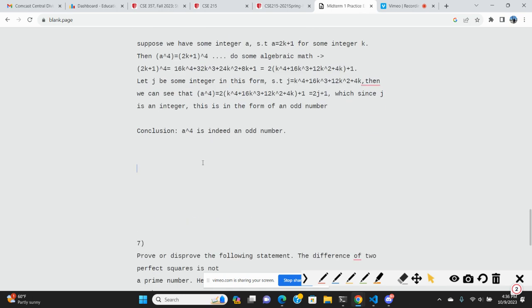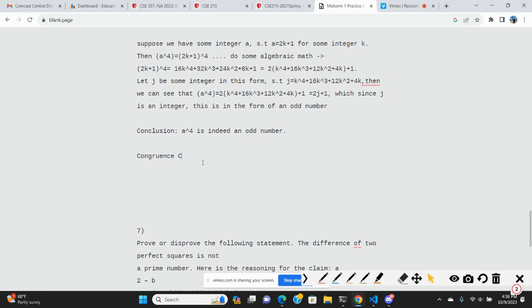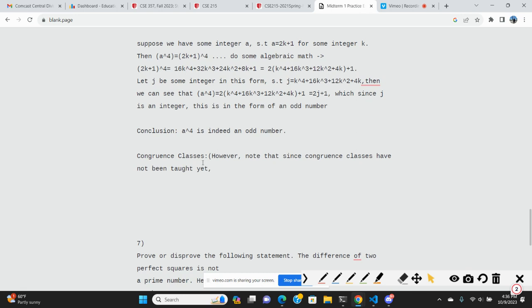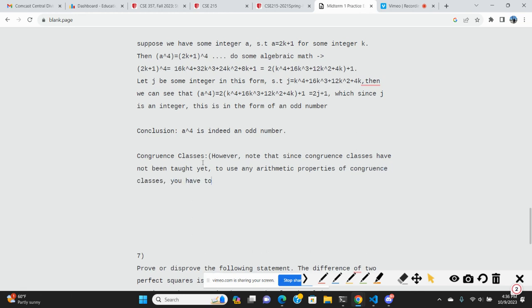Alternatively, you can try to solve this with congruence classes. However, note that since congruence classes have not been taught yet, to use any arithmetic properties of congruence classes, you have to prove them. So with congruence classes, we are given that the congruence class of A mod n times the congruence class of B mod n is equal to the congruence class of AB mod n.